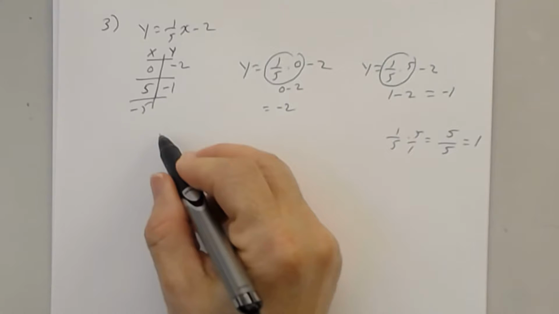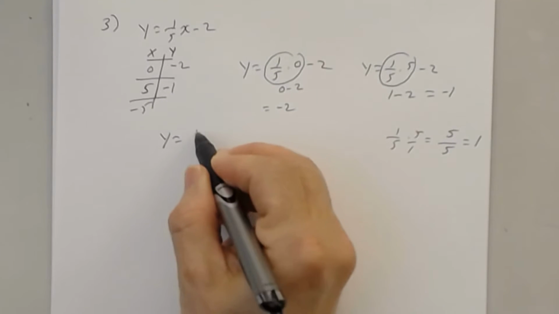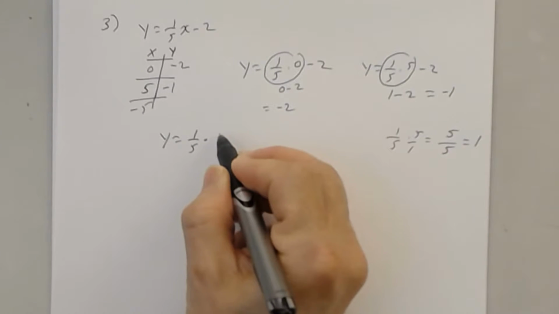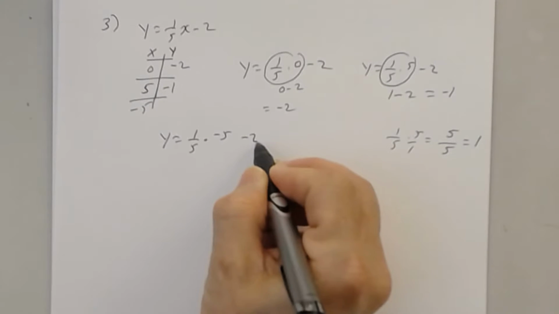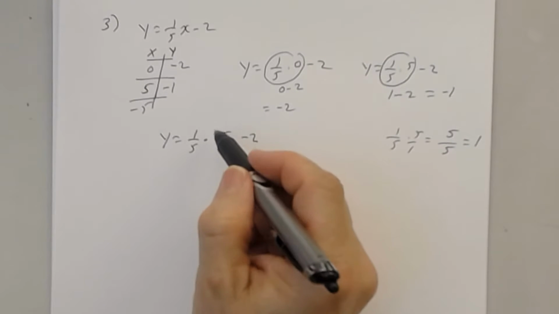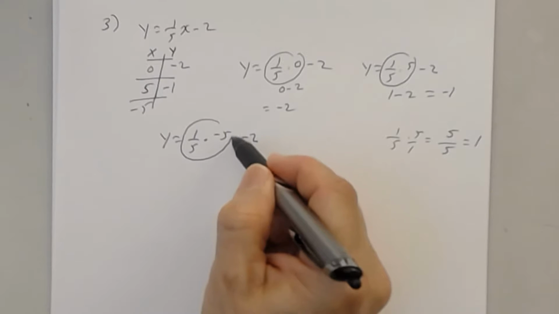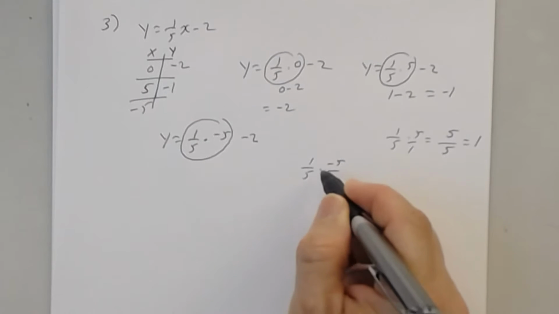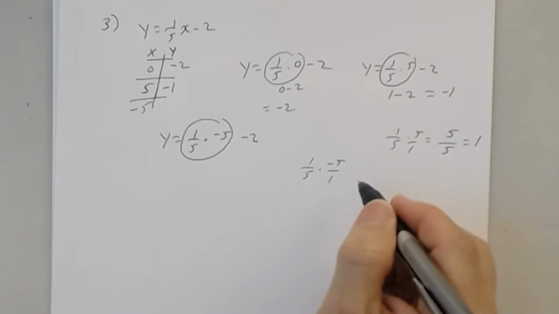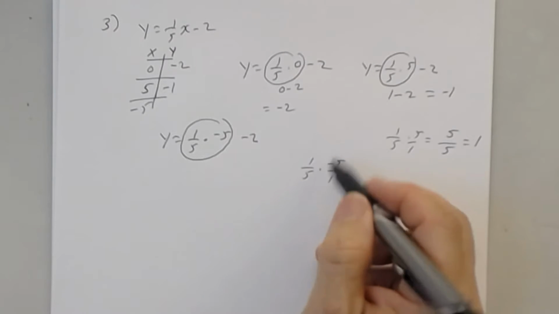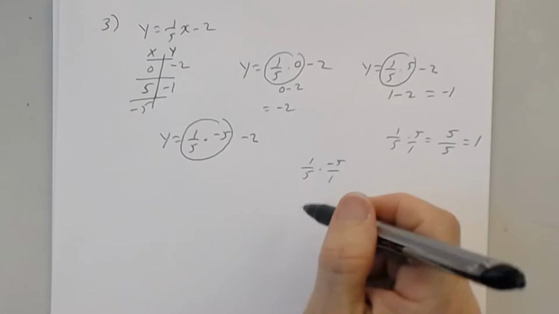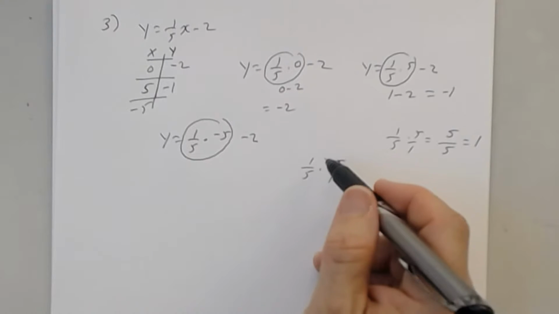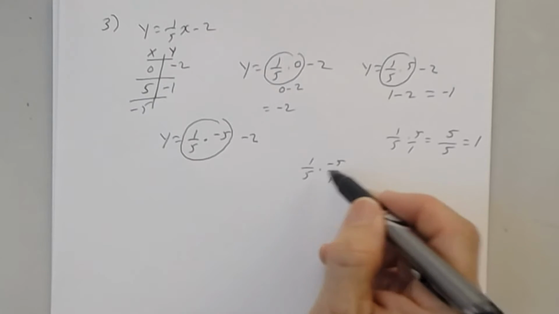If x is negative 5, I get y equals 1/5 times a negative 5 minus 2. So I do multiplication first. I kind of figure out what 1/5 times a negative 5 over 1 is. Remember, a negative times a positive is a negative. All right, if I want to multiply first, I can. What's 1 times a negative 5?